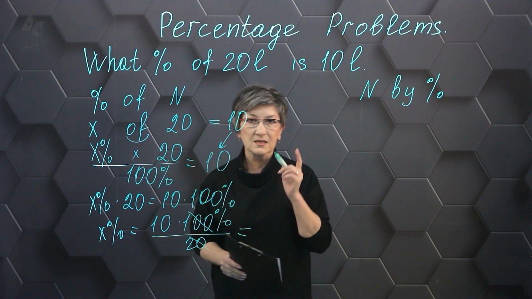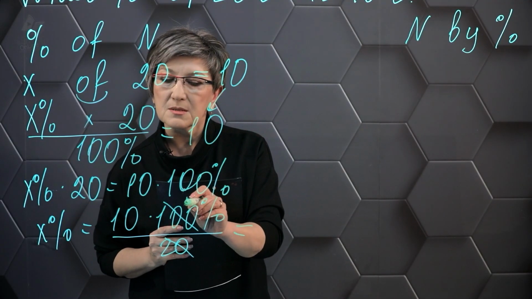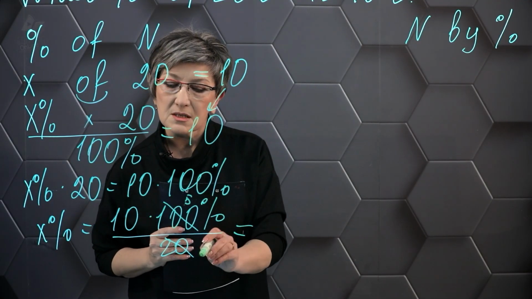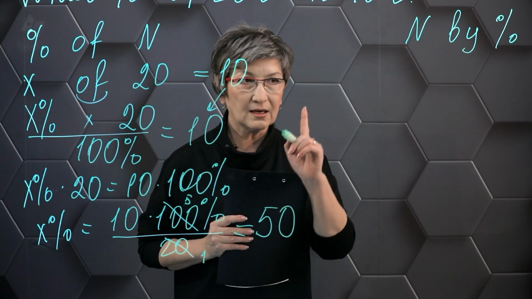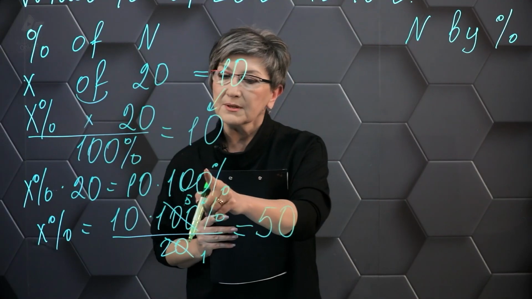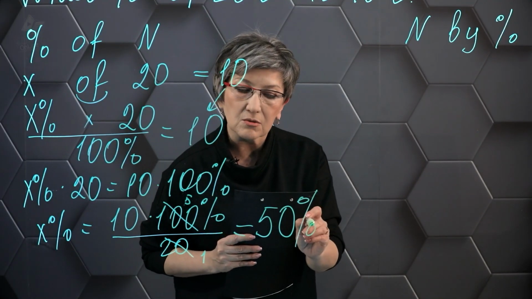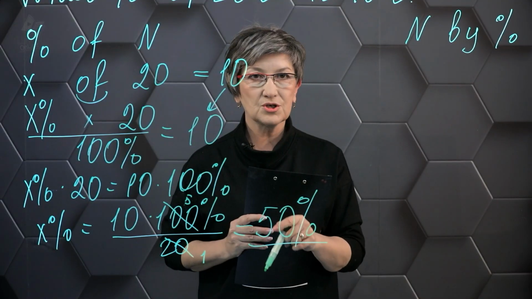Let's reduce 100 and 20. We reduce by 20 and I get 5 here. And 10 times 5, that's 50. And as you can see, I don't write percentages in this formula for nothing because I still have percentages. Then the answer in our problem will be 50%.